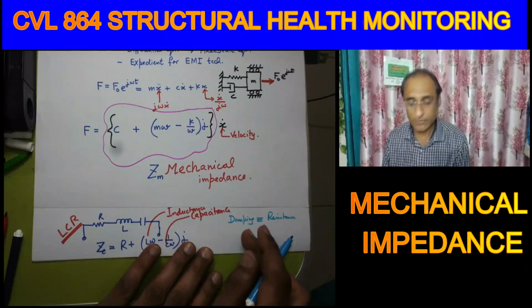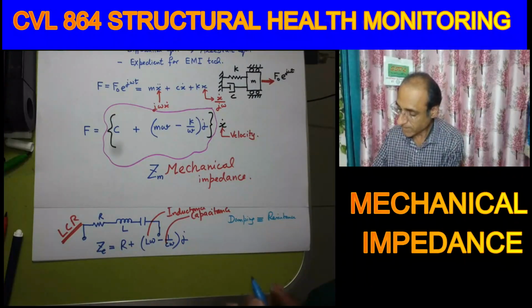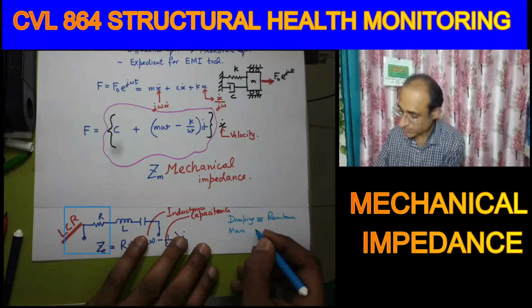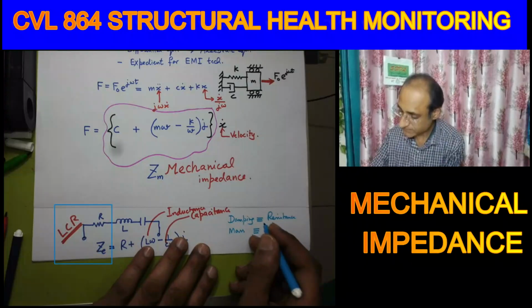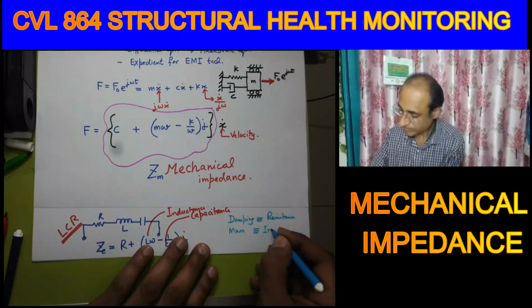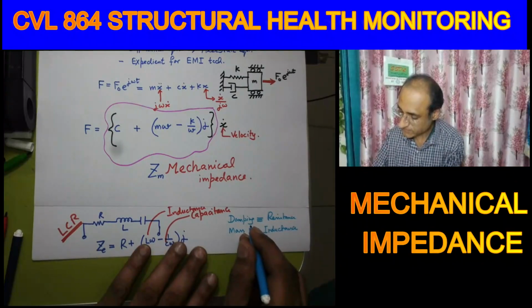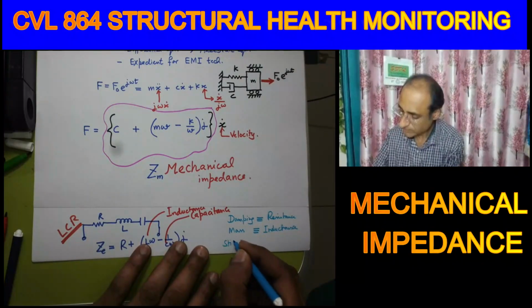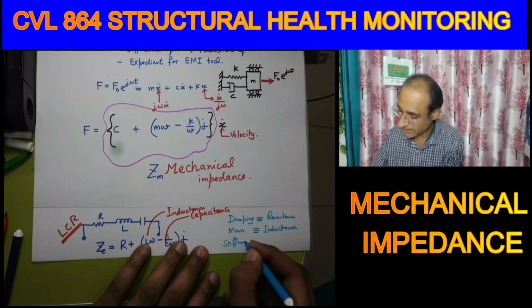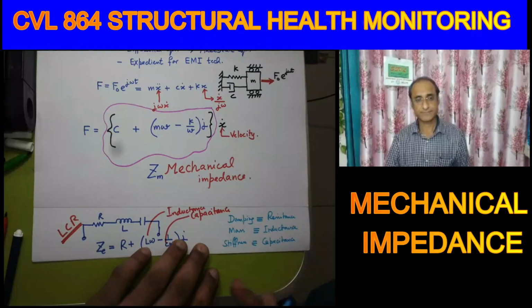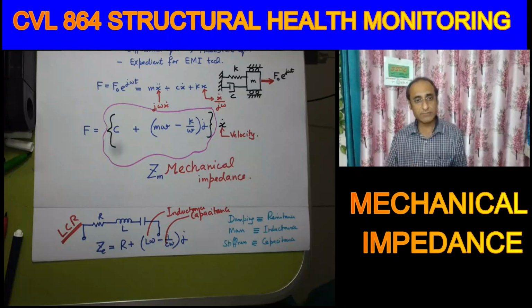Then your mass, or the inertial term, mass is equivalent to your inductance, and the stiffness is equivalent to capacitance. Right? So that's why we have the term impedance.